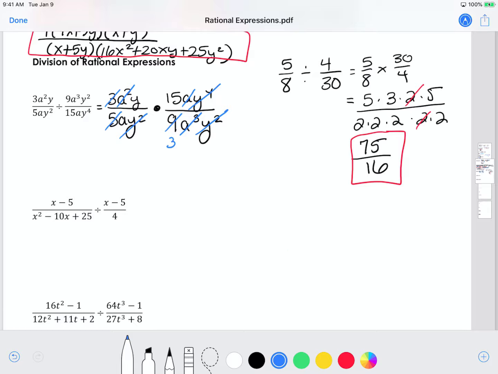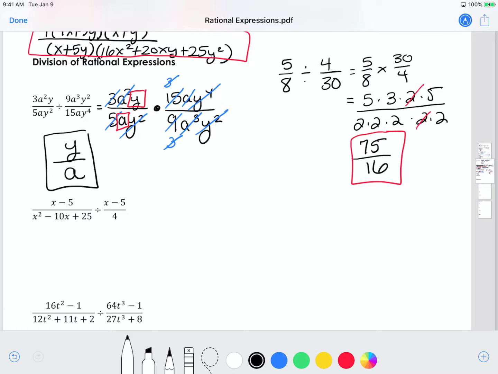And this 5 can cross off with this 15, and I'm left with a 3 up here as well, because 15 can be written as 5 times 3, and I cross off the 5's and I'm left with the 3. And now if you notice, I have a 3 upstairs and downstairs that I can cross off. And it looks like what's left after I cross off everything that's in common, I have a y upstairs and an a downstairs. So my final answer would be y over a.